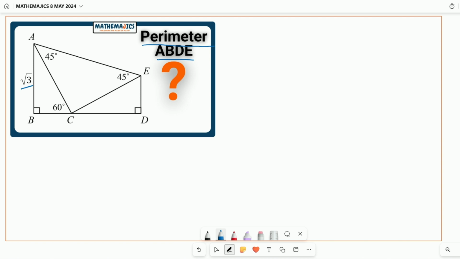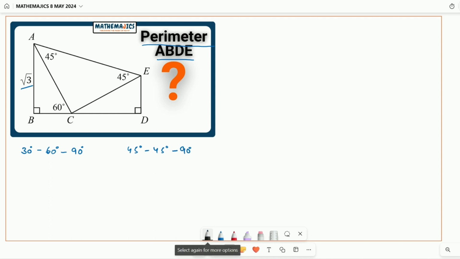Before starting with the question, we will be learning certain ratios that are in right triangles. Whenever we have a right triangle, there are two kinds of ratios that we can find. One is 30, 60, and 90. These are angular ratios. And one is 45, 45, and 90.